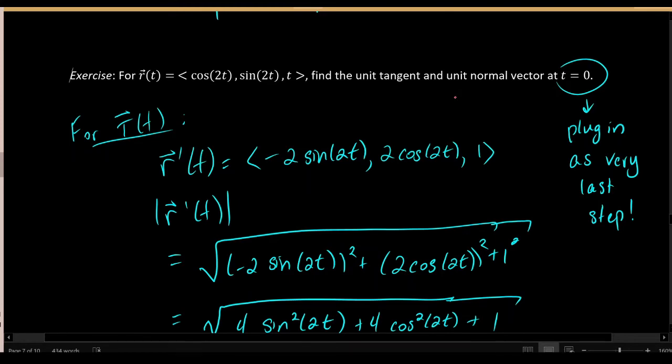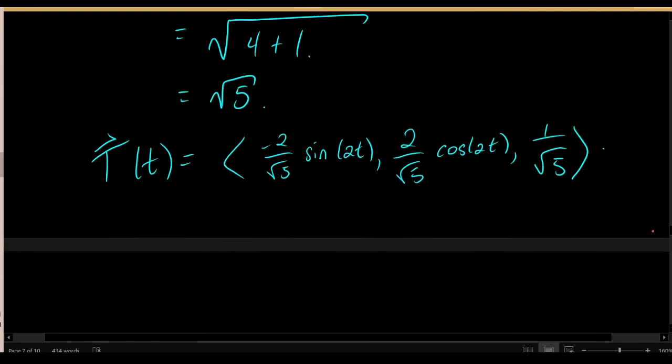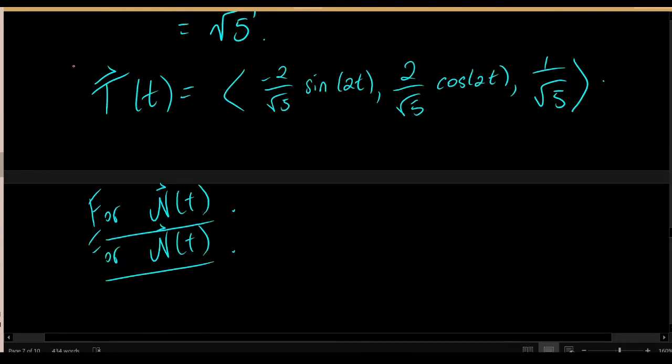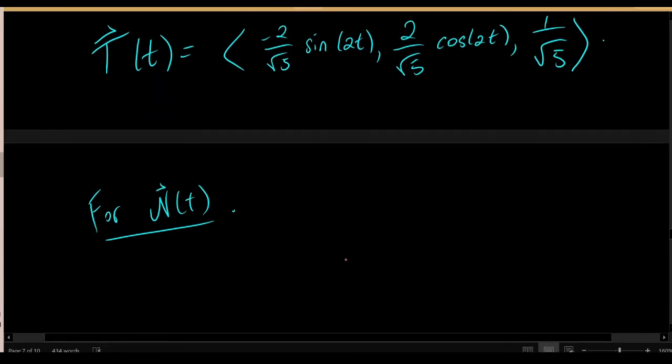The next thing that I need to do is find the unit normal vector, which means that in the process, I'm going to need to find the derivative of the T of t that I got in my previous calculation. So take your unit tangent vector, find its derivative.